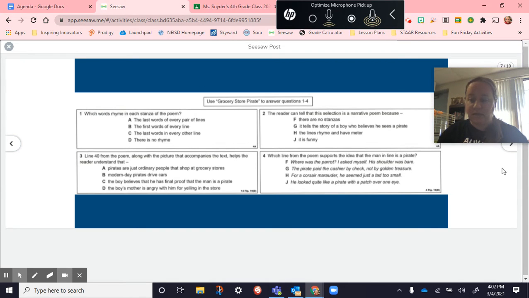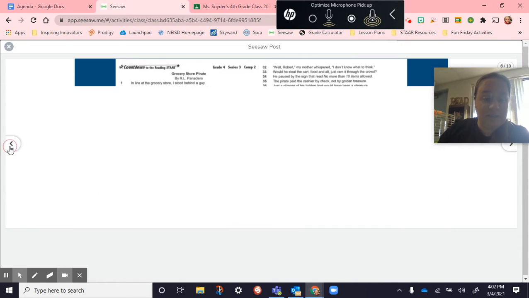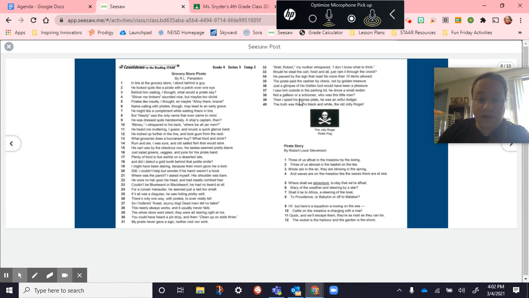And then your second passage is going to be the second chunk of questions. So you've got number 5 and 6 that go with Pirate's Story. And then the last set of questions is where it's comparing both. So if you notice here, it says which feature is shared by both poems, and both poems show that children what.